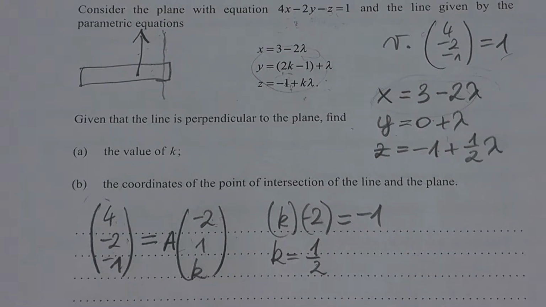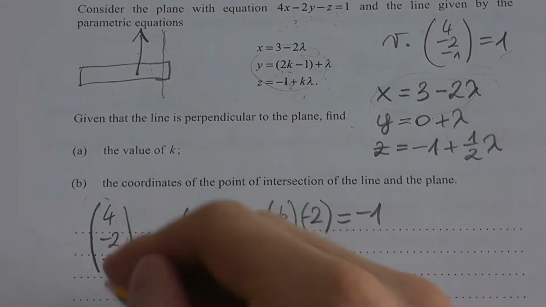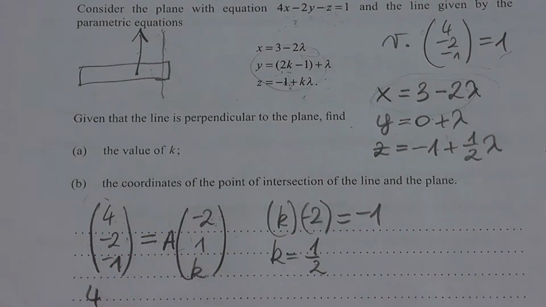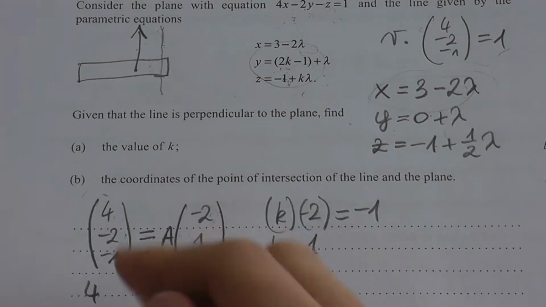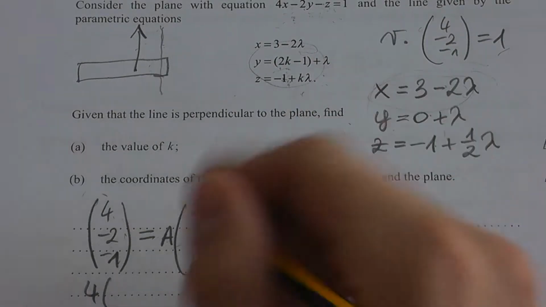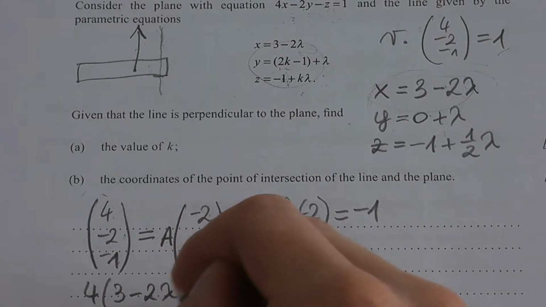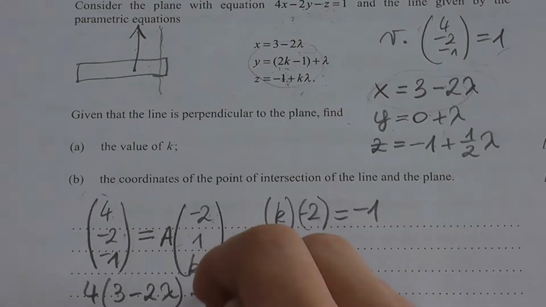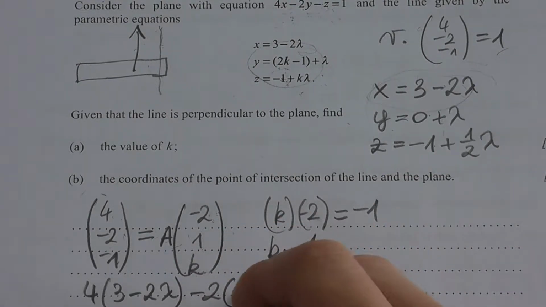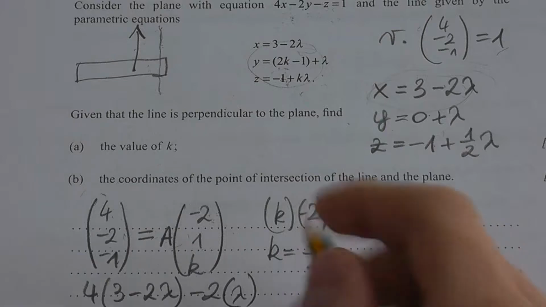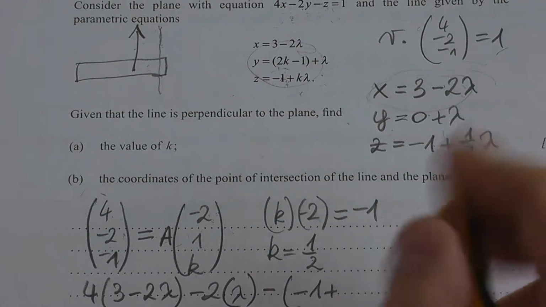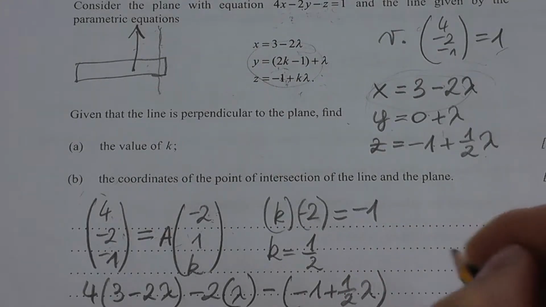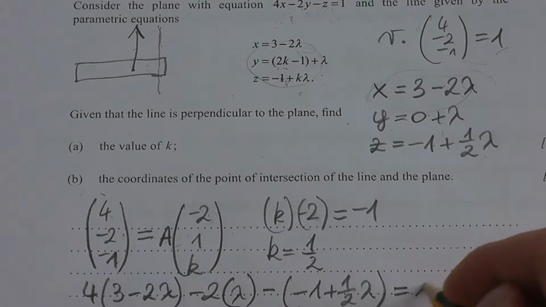And so doing that, we get 4 times, I hope you can see this, I'm trying to make you see both this and this. I'm going to push the problem upwards in just a second. 4 times x, which is 3 minus 2 lambda, and then we have minus 2 times y, which is lambda, and for z we write minus 1 plus a half lambda, which we get from here, is equal to 1.